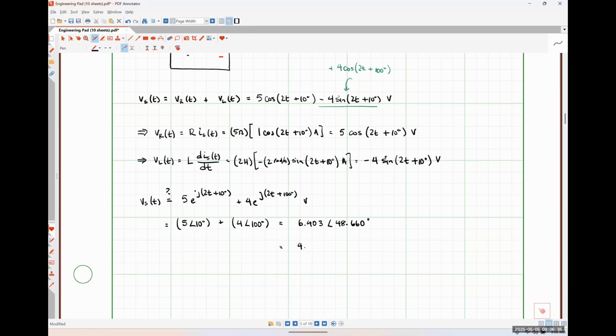So in rectangular form, this looks like 4.229 and some change plus j 4.807. And both of these would be measured in volts. Teresa, is that what you got? Okay.